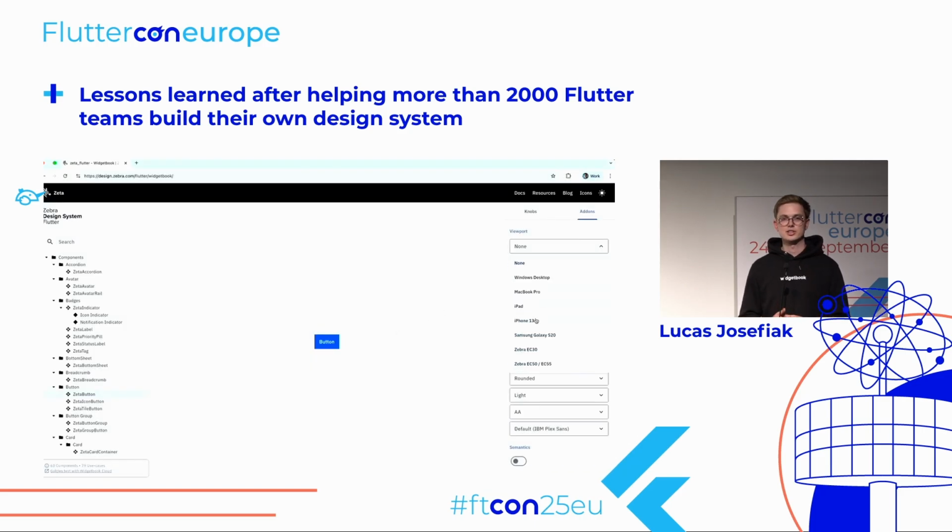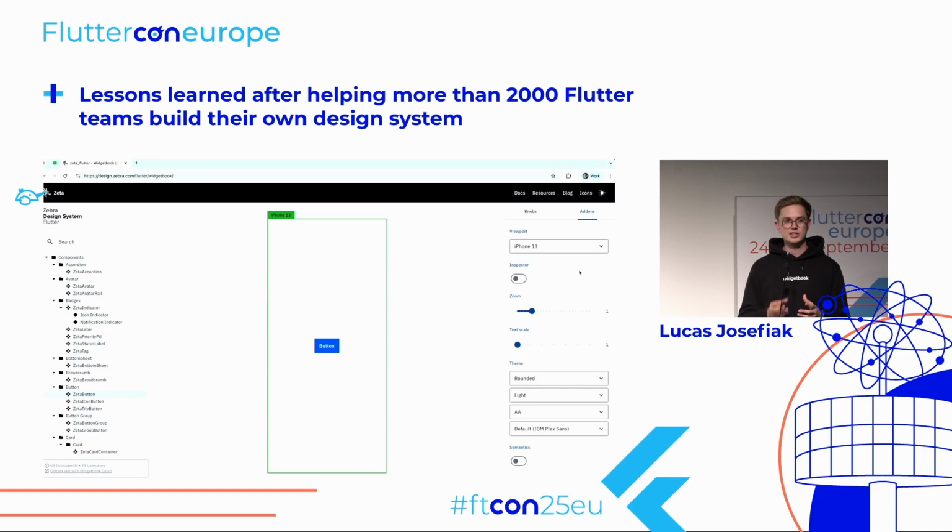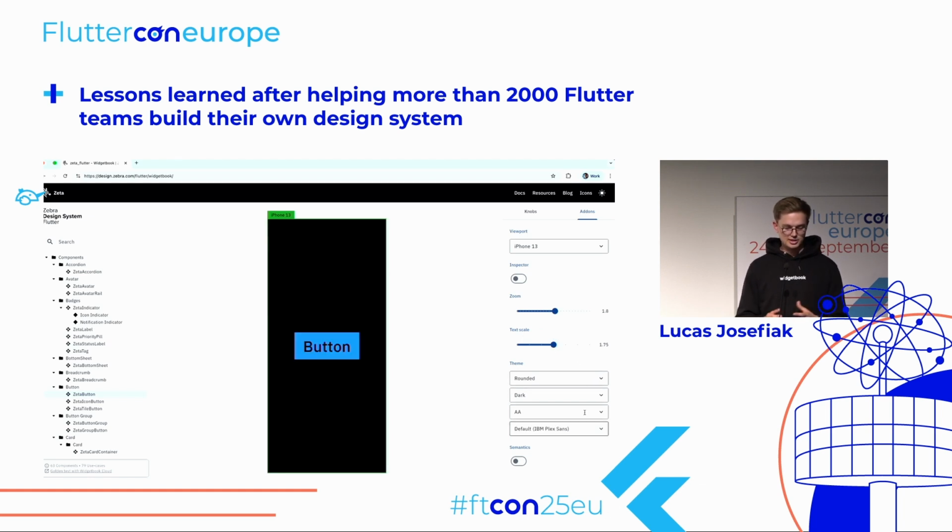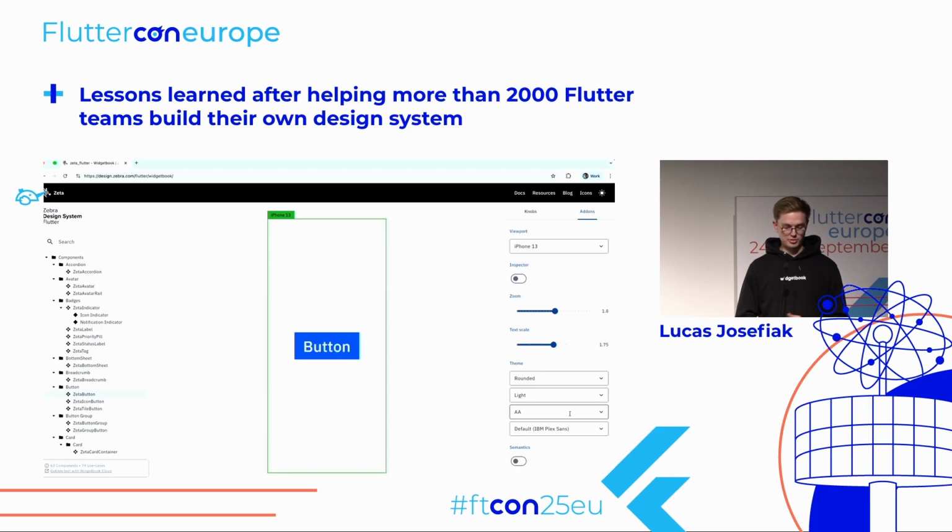Our add-ons allow us to test our widgets not only against widget-specific parameters, but against global parameters of our app. So we can test different device sizes, different text scale factors, light and dark mode. In this case, Zebra even chose a very sophisticated setup where you can also test different accessibility types.